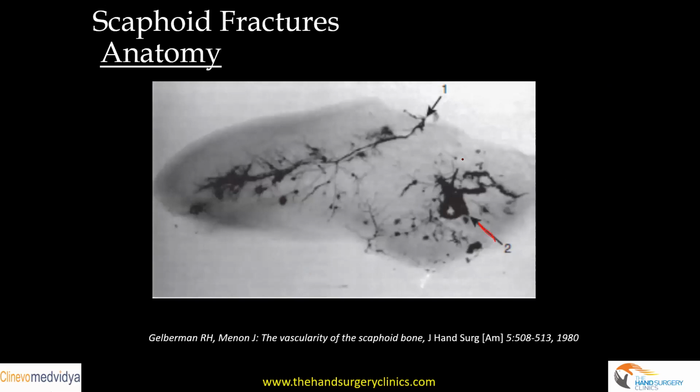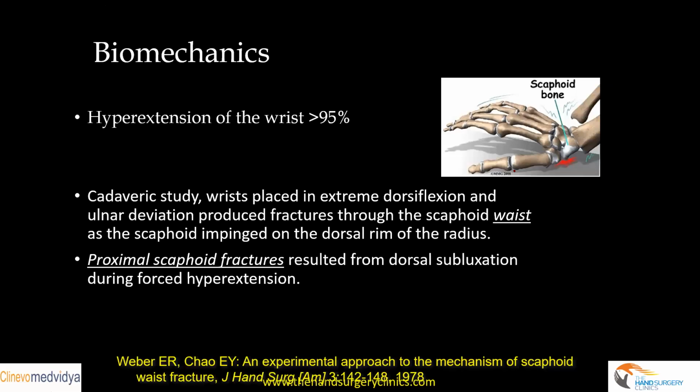This is the palmar branch, and this is the dorsal branch. You can see this particular branch is responsible for supplying the proximal pole and much of the waist of the scaphoid, whereas the superficial palmar branch will supply mostly the distal pole. So having understood this, let us now proceed to understanding the biomechanics.